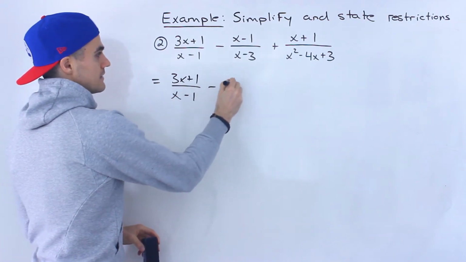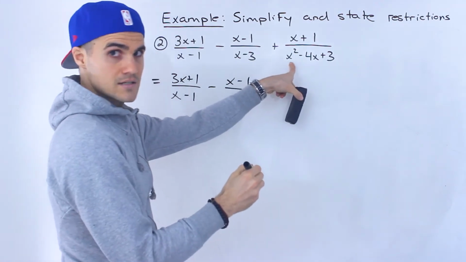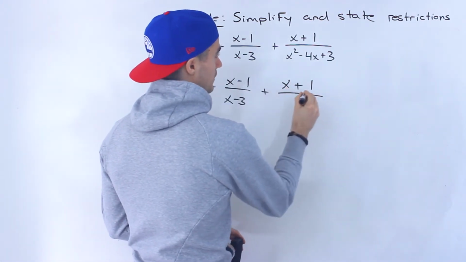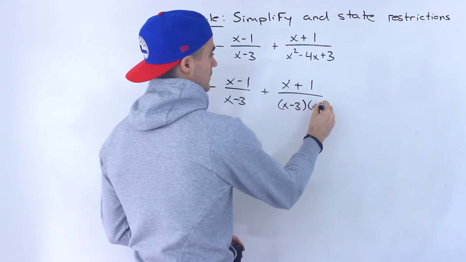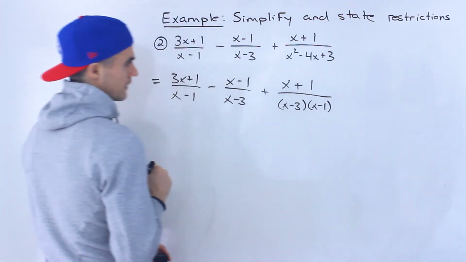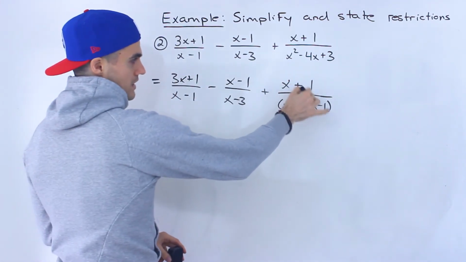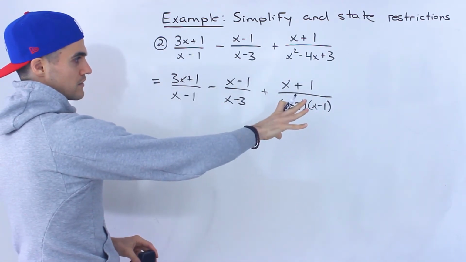But notice that in this last term, this denominator is going to factor. And that denominator, that's going to factor into x minus 3, x minus 1. Like that. All right, and then notice nothing would cancel out over here. Okay, so we factored everything.